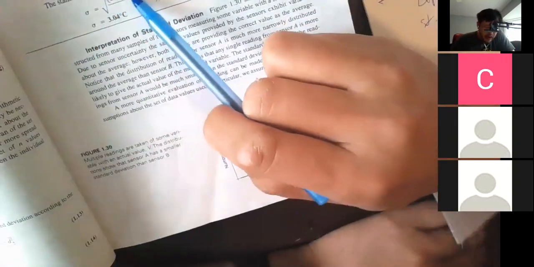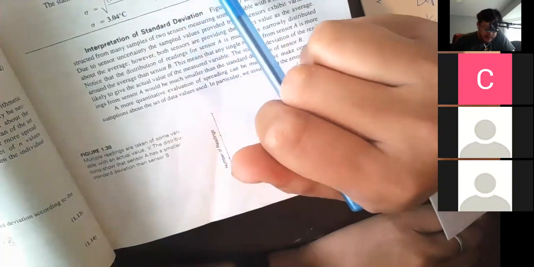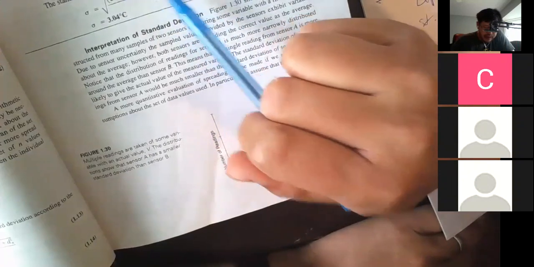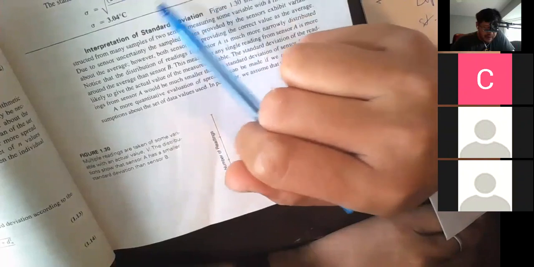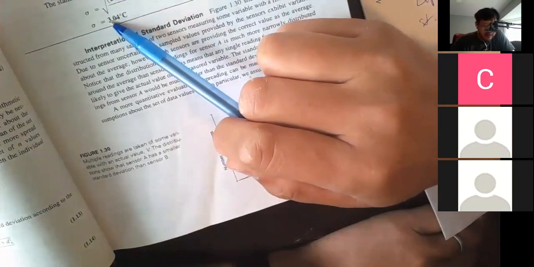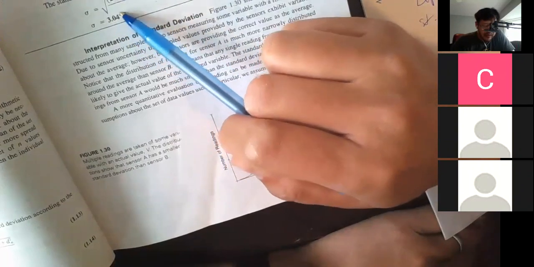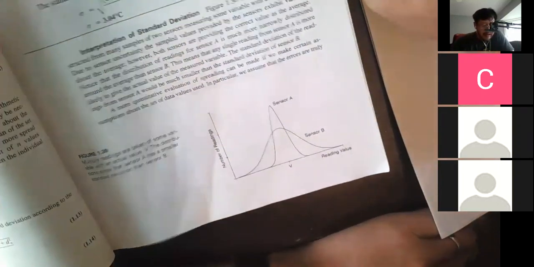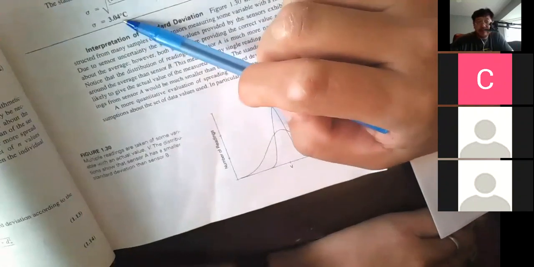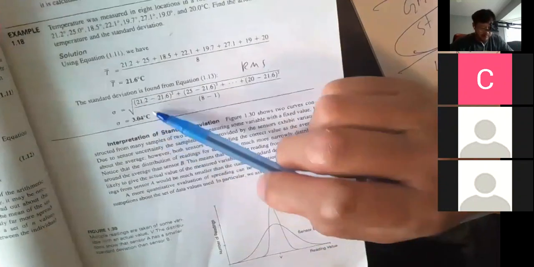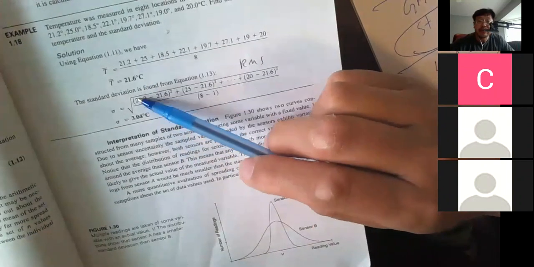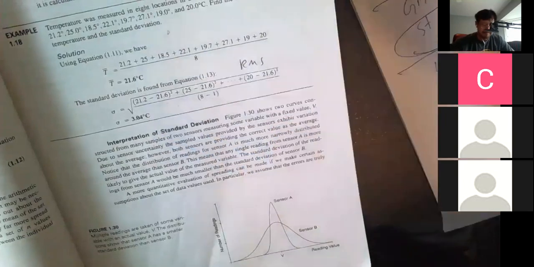So we have 8 squares, up to the 8th one. We square them first, add them all together, and divide by 7. So the standard deviation here is 3.04 degrees. That implies the accuracy of the sensor. This is the average, and this is your standard deviation.